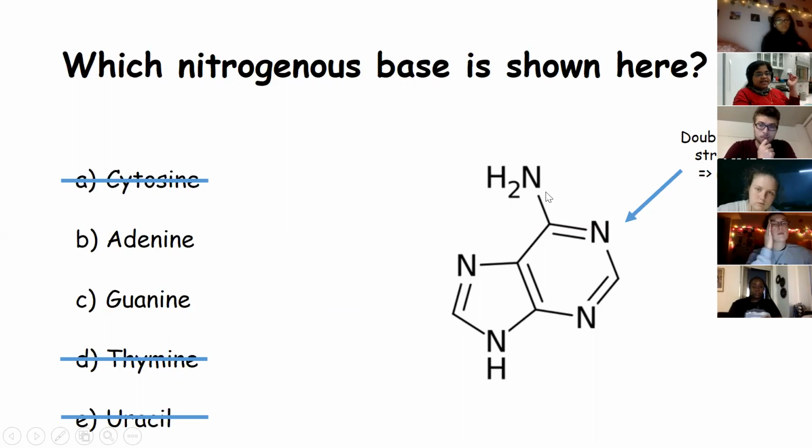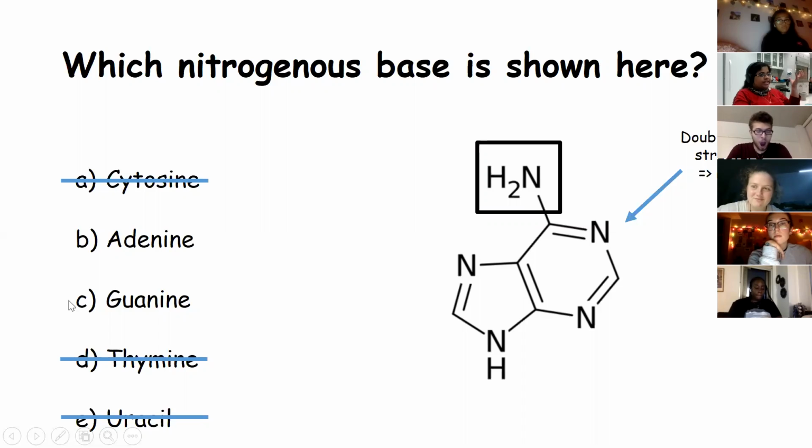So when you have that, it is guanine, and you do not see a carbonyl or a C double bond O in this structure, and you see an amino group or an NH2 group. So that cancels out guanine, which leaves you with adenine as the right answer.